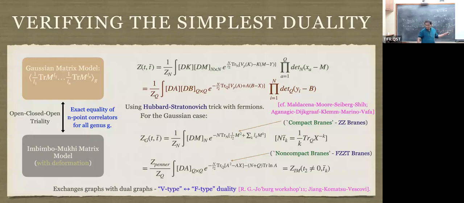The b decouples, and the a integral, here you get this q bar. So the statement is an equality of these two. And this is precisely this Imbimbo-Mukhi matrix model. It had a logarithmic potential. It had AX. So the Imbimbo-Mukhi model was actually AX plus this, exactly this, with n equal to i mu.